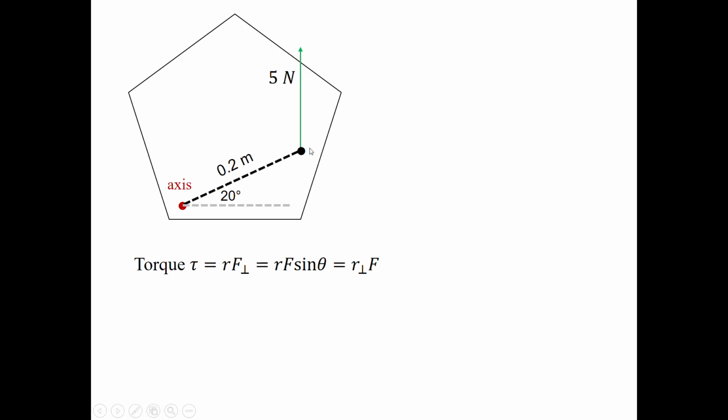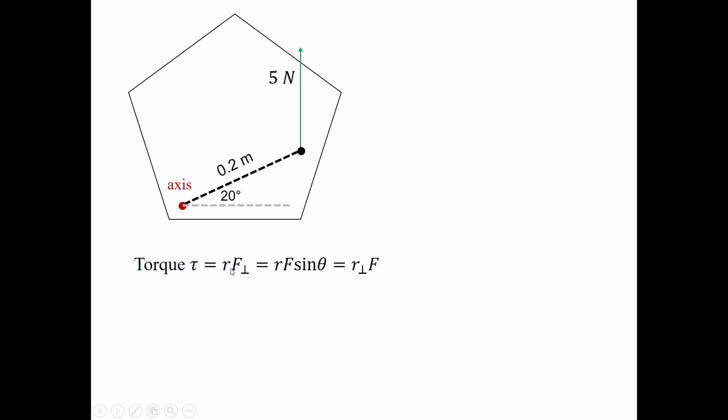And that point is a distance of 0.2 meters away from the rotation axis, and the angle of that displacement vector is 20 degrees above the horizontal. So there's just some apparently random information, but useful information that defines where and how strongly this force is being applied. And the question is, what torque are we applying to it?